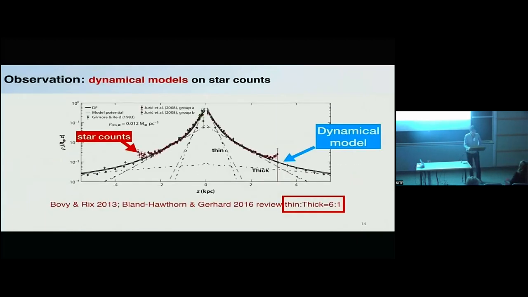And then later, Bovy and Rix and collaborators realized that actually you can't really use the observed star counts directly. You have to do a little bit of modeling to reveal the true mass ratio between thin and thick disk. And now they have 6 to 1, the thin disk dominant by a factor of 6. Okay, these are what have been found.